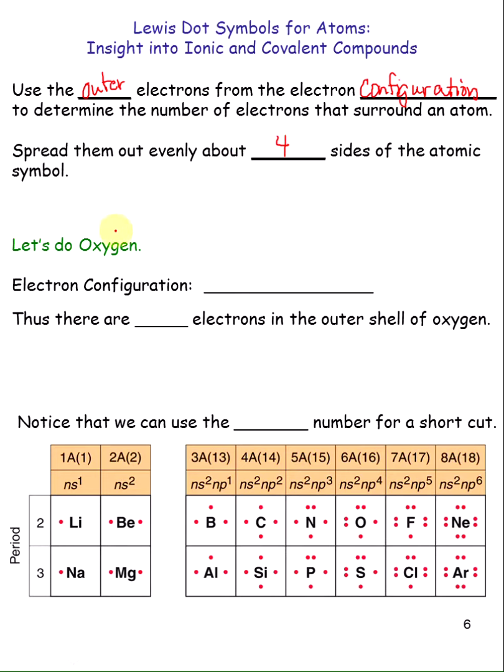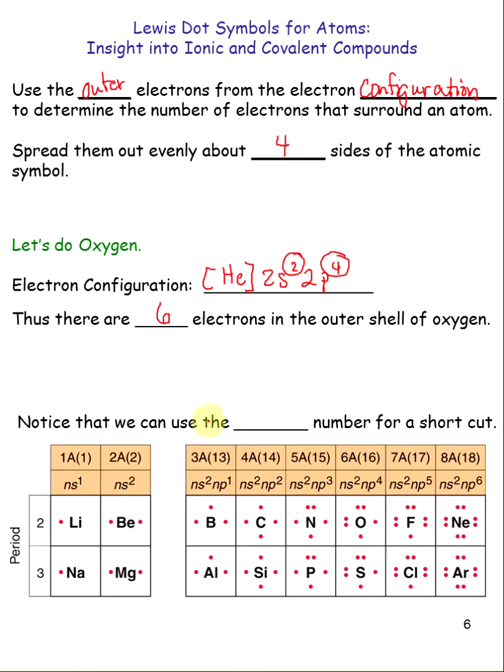So if we're looking at oxygen, remember that electron configuration is helium 2s2 2p4. Thus there are 6 electrons in that outer shell of oxygen. So we added up the 2 here and the 4 here.